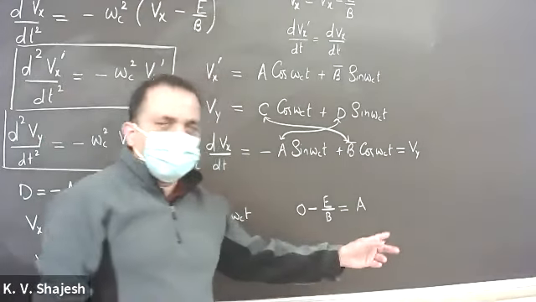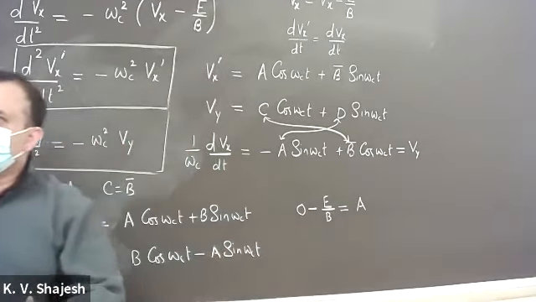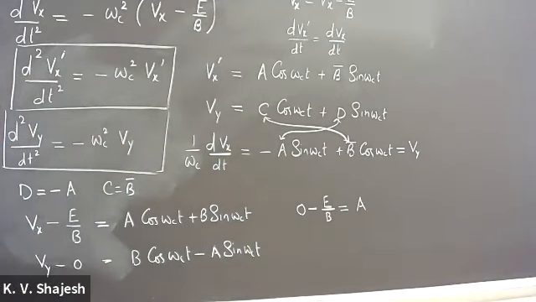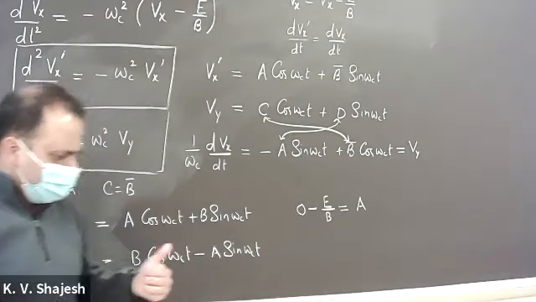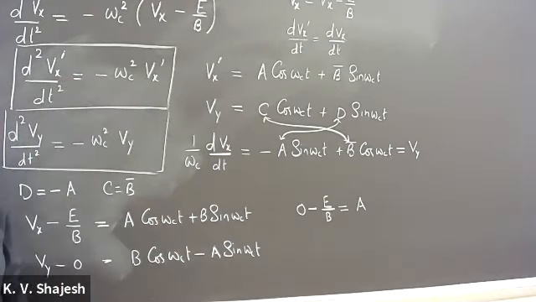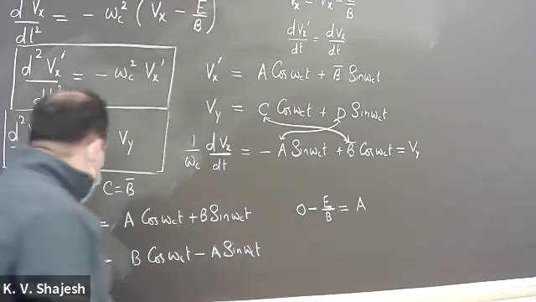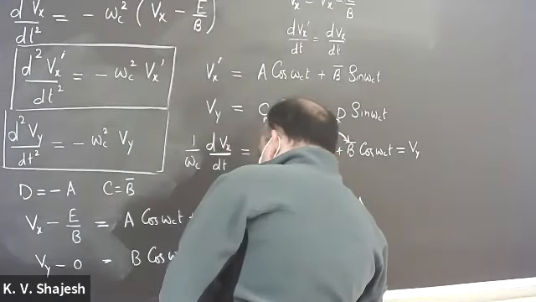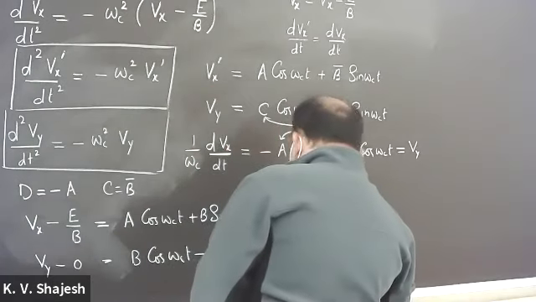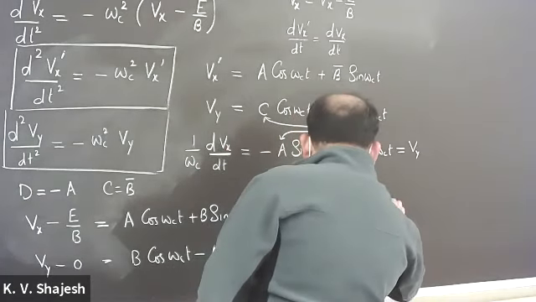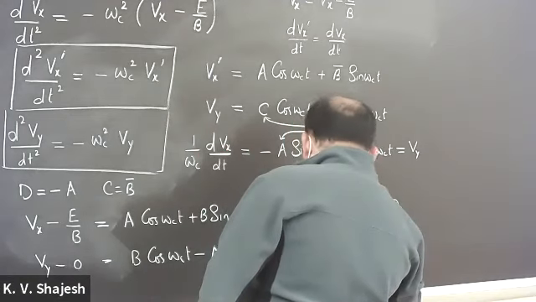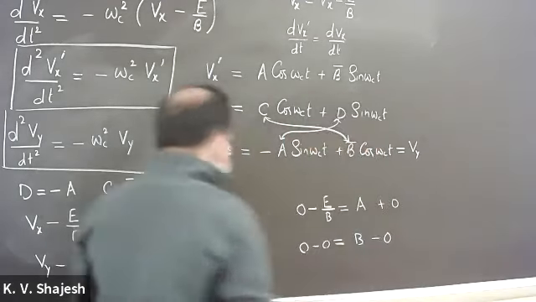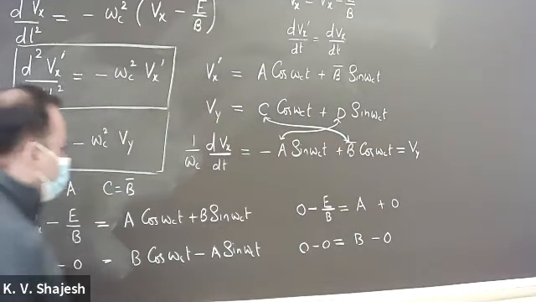This is slightly different from what we did earlier. Earlier we had an initial velocity, and that was an initial condition, so the role is slightly different now. For Vy, that's 0 minus 0, which is equal to B, since Vy at t equal to 0 is also 0.